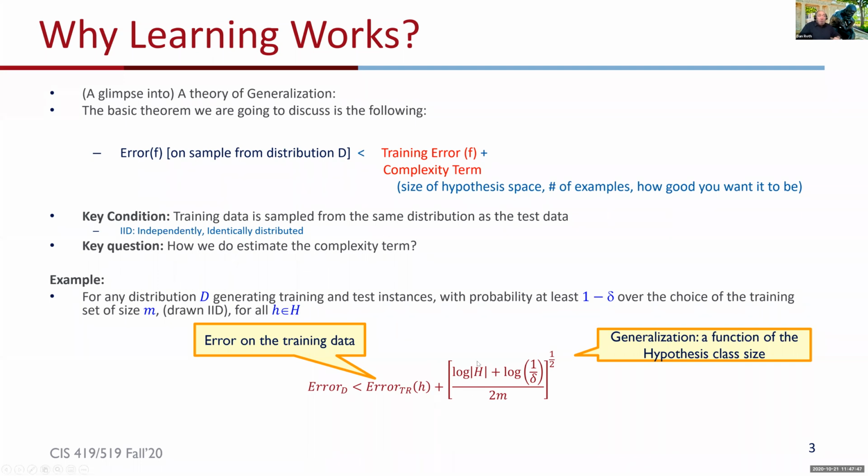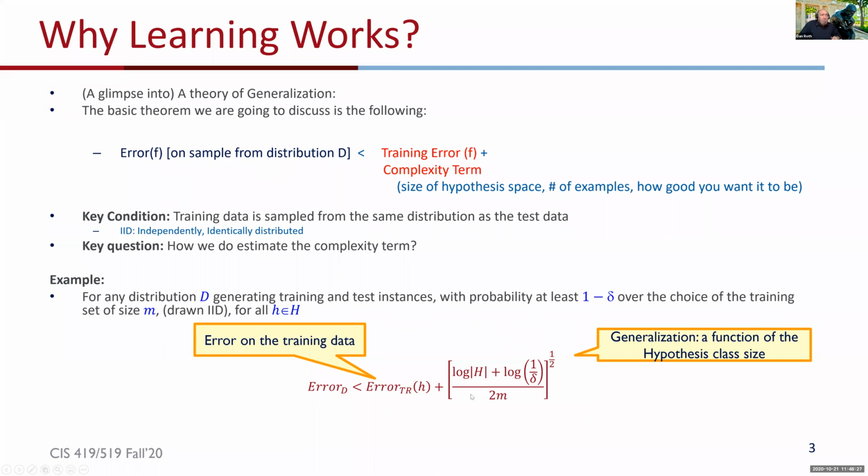And it grows with the size of the hypothesis space. If there are a lot of hypotheses to choose from, then maybe the training error is not so representative of the true error, because like in decision trees, there are so many trees out there, you can always choose one that minimizes the training error but says nothing about what's going to happen in the future, as you know from homework 1. So the hypothesis space size is going to be crucial in understanding how far what we see in training is from what we're going to see in the real world.